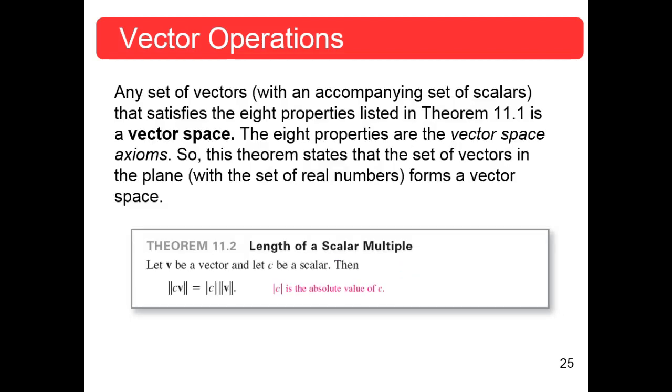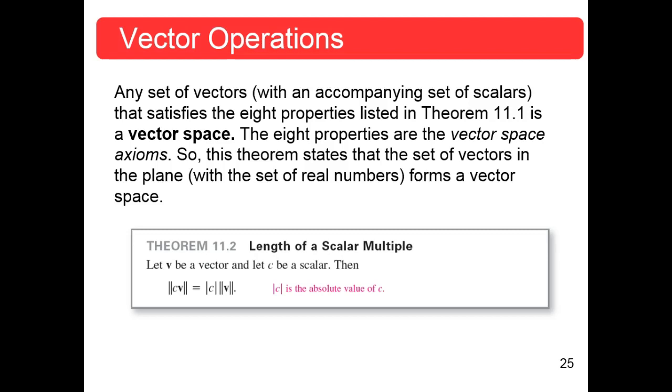Now, any set of vectors with accompanying set of scalars that satisfies the 8 properties listed there, in theorem 11.1, is a vector space. They're jumping right into vector spaces. The 8 properties are the vector space axioms. This is the first time I've taught this chapter in this text, and it's pretty interesting.